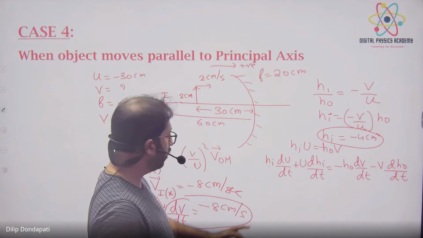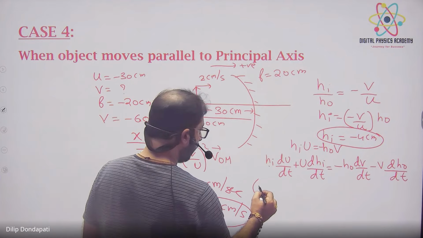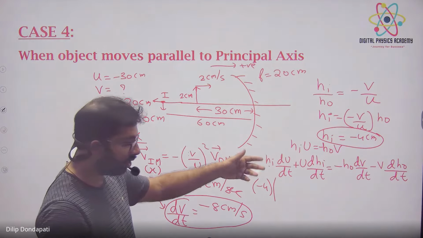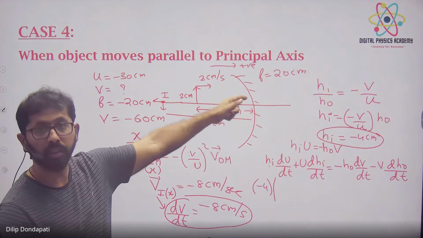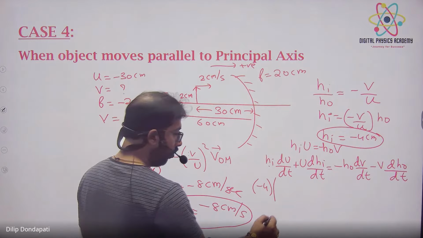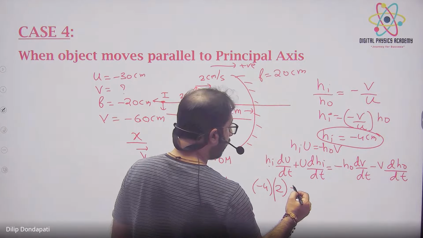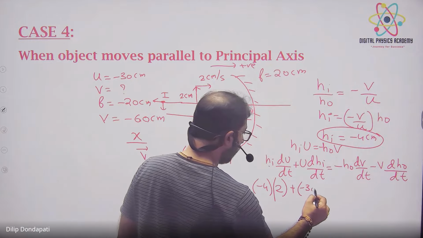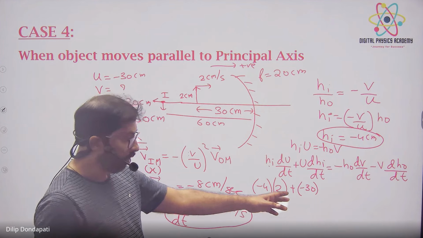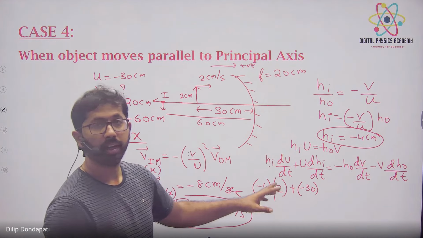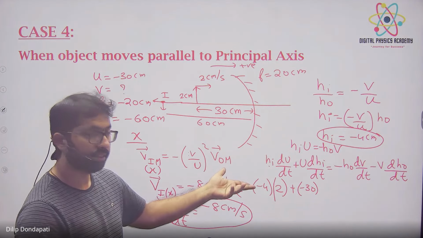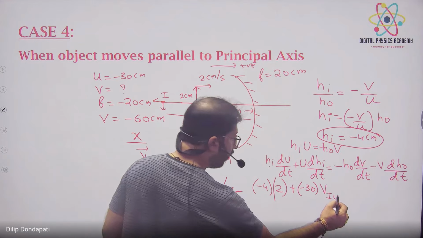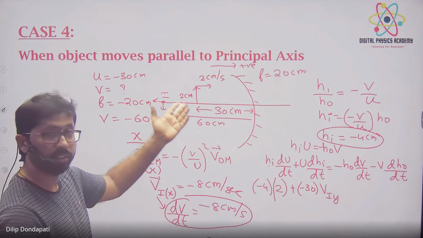hi is how much? Minus into du by dt, rate of change of distance, मतलब velocity of the object only, object distance का. So 2, plus u is how much we got? U is minus 30, right? Minus 30 into what is dhi by dt means rate of change of image height, nothing but velocity of the image in y direction, because we are trying to find y direction only, right?